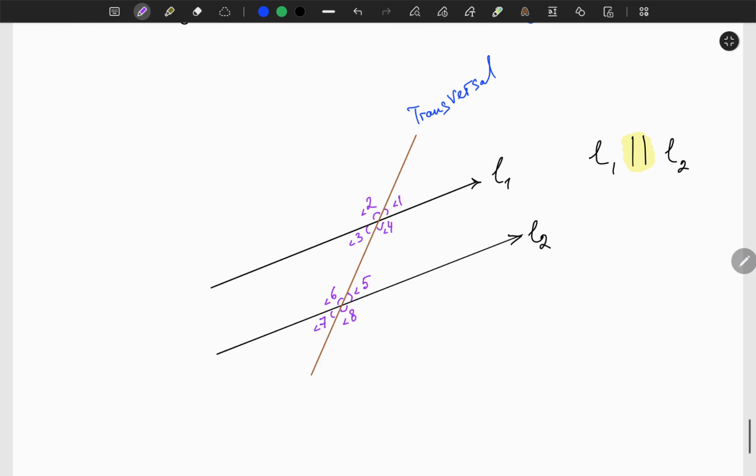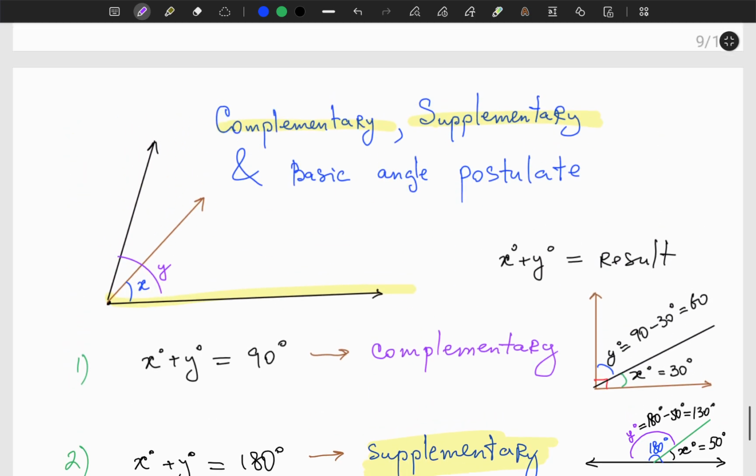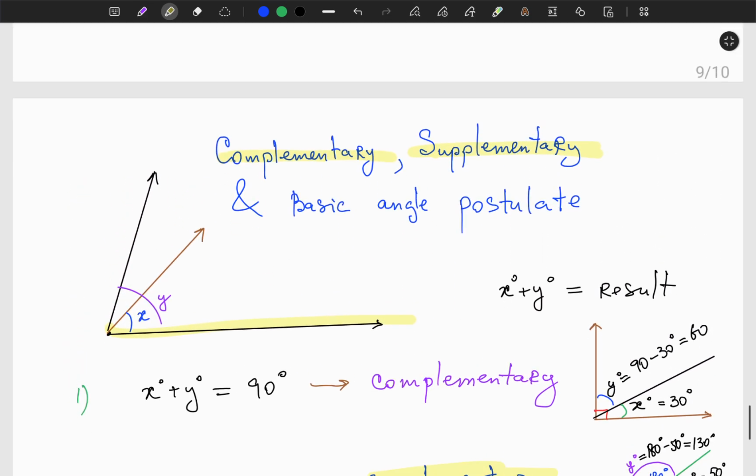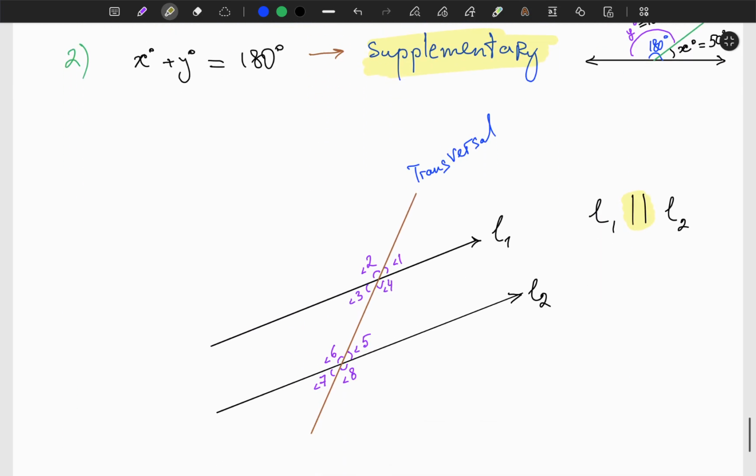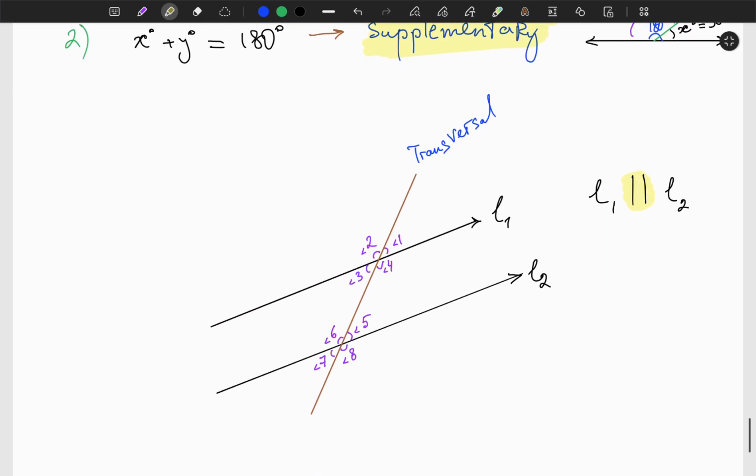Now, what are we going to do now? First, I'm going to represent this postulate. Whenever we call something a postulate, it's obvious stuff. We cannot prove it. It's just obvious stuff that we have to accept.